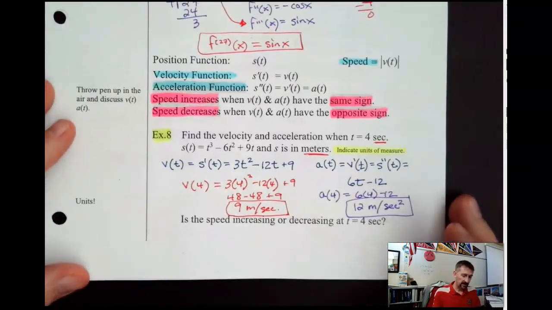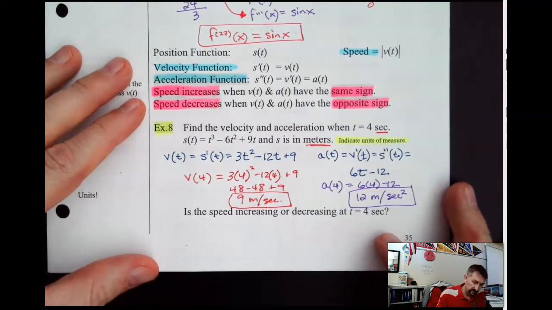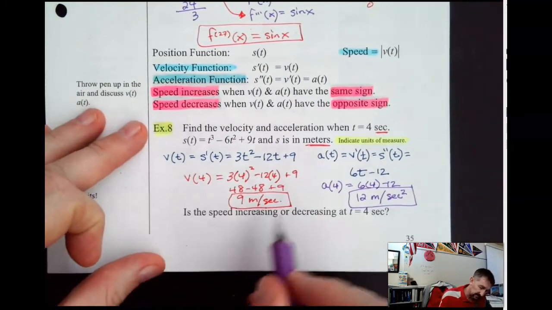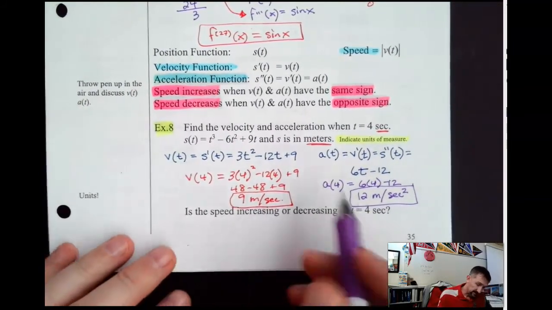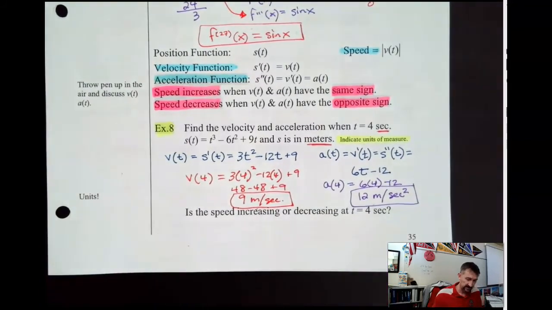Okay, so now we have, is the speed increasing or decreasing at t equals 4 seconds? So what you need to do is, if you look at this highlighted stuff, you need to compare the velocity and acceleration at 4 seconds.